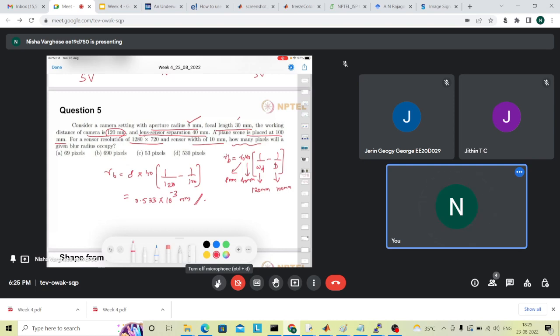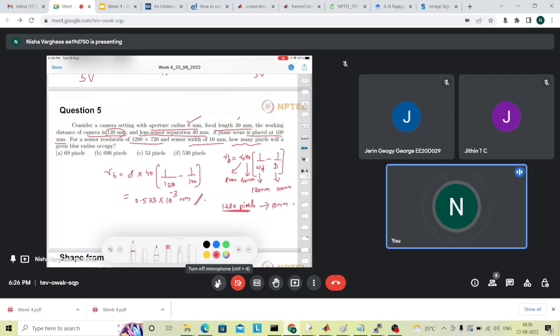It is given that the sensor width is 10 millimeter, and the sensor has 1280 pixels in the width dimension. So 1280 pixels span 10 millimeter.